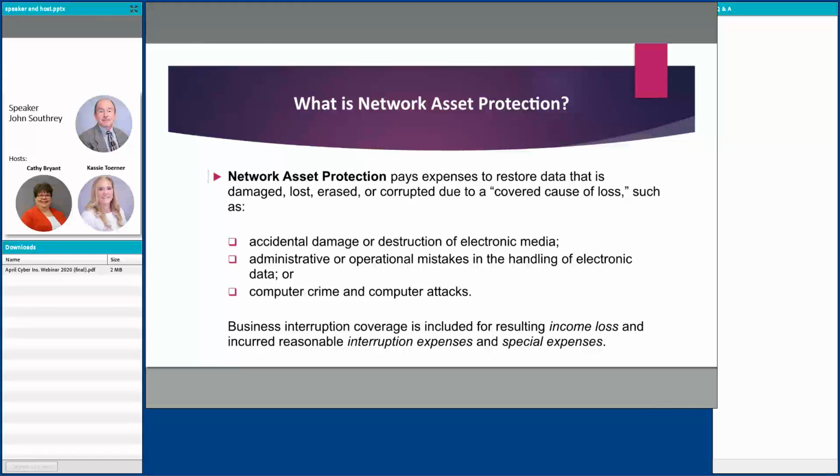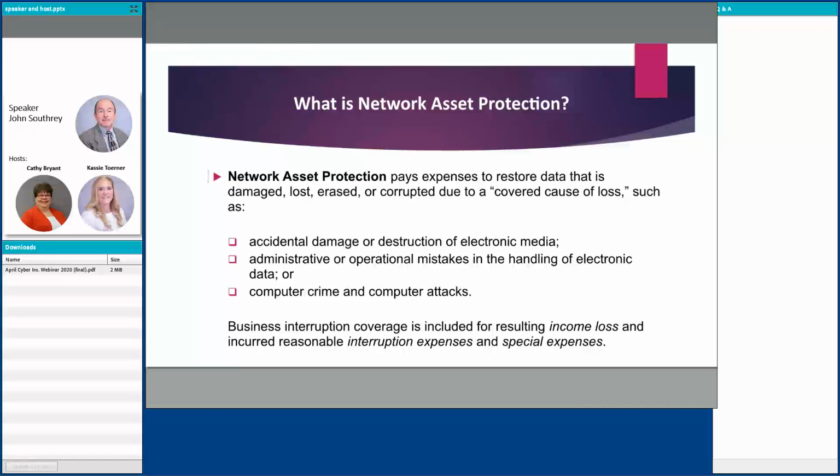The coverage insuring agreement that covers the loss of digital assets is the network asset protection. It's part of TMLT's cyber insurance policy. It pays the expenses to restore data that is damaged, lost, erased, or corrupted due to a covered cause of loss.